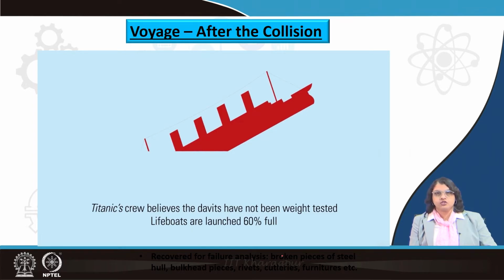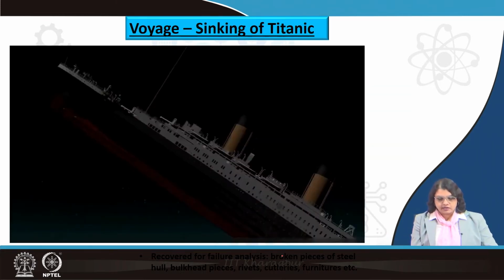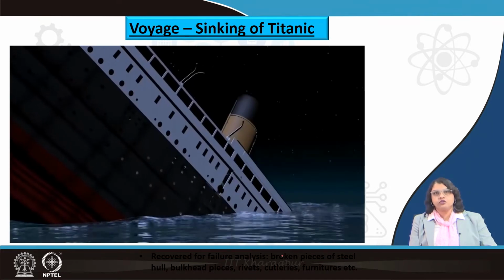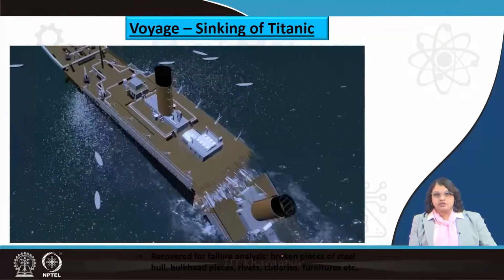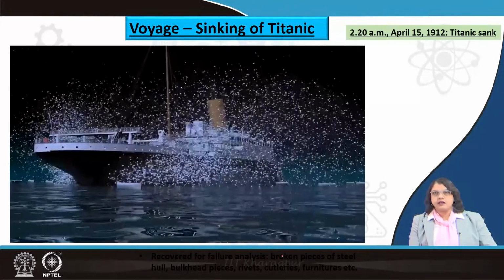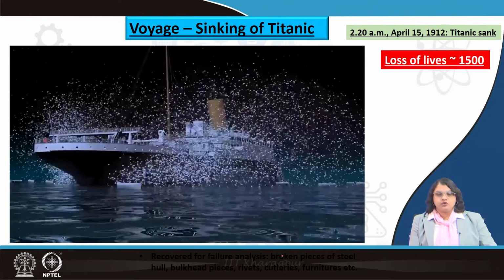So, they did not even launch the lifeboats at full capacity, and there are several reasons for that, which are discussed and shown in the movie also, and have nothing to do with metallurgical factors as such. But what we can see here is how the ship actually broke apart into 2 pieces, as if it were just a toy, and it finally sank at around 2:20 a.m. on April 15th, and around 1500 people lost their lives.